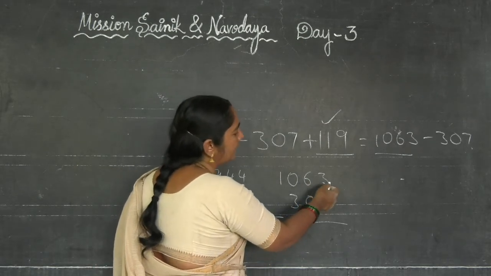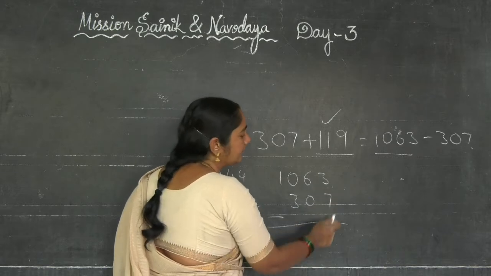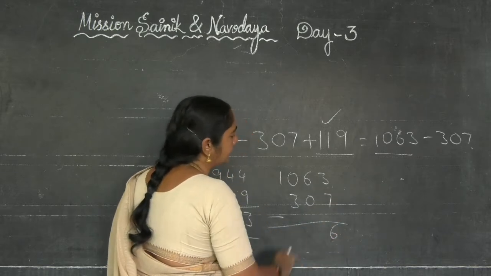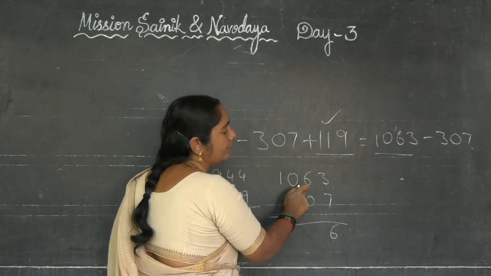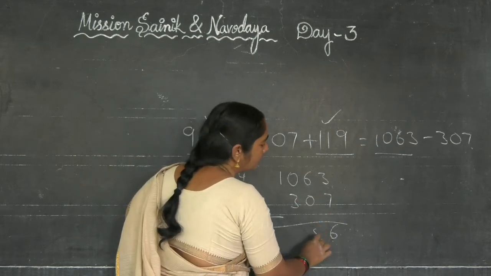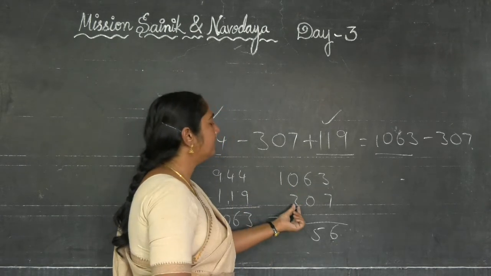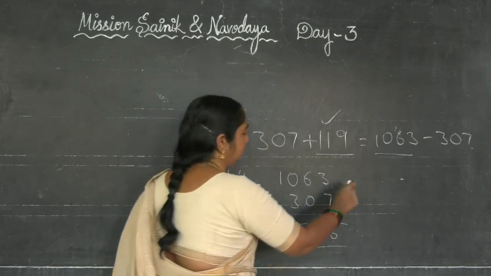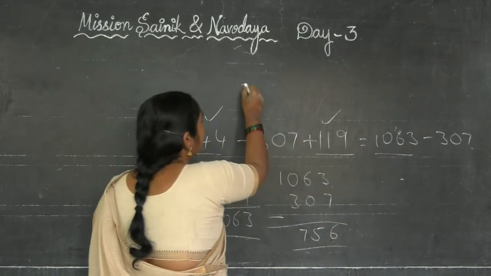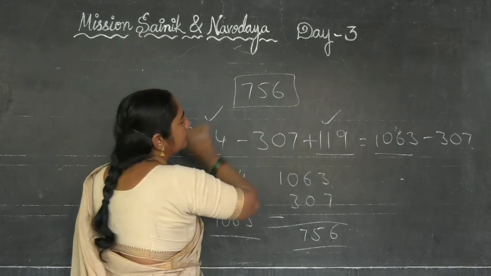Subtraction: 13 minus 7, borrowing 1, is 6. 5 minus 0 is 5. Then 10 minus 3 is 7. So the answer is 756.